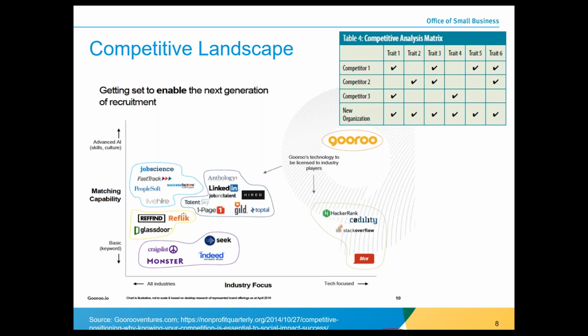In fact, the inset diagram there, which is the spreadsheet, is more than enough. You don't need to spend a huge amount of time on it, and this should be something that you should be building up over time anyway and updating as you go. But simply looking at who your competitors are, what features or traits they have in their business that are part of their service offering, comparing that to yours and understanding where your differentiation is.